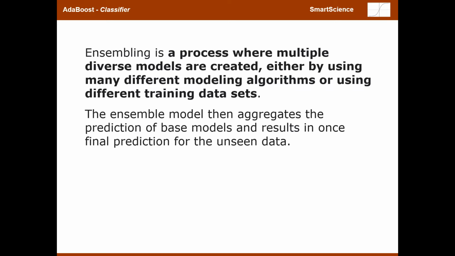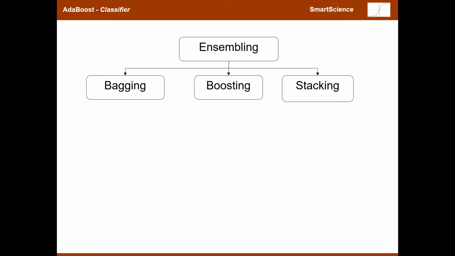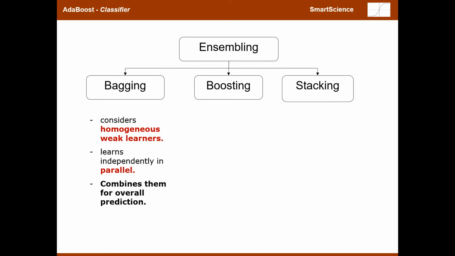All right, so let's go into the details of what are the methods of ensembling. Broadly, there are three methods: bagging, boosting, and stacking. In bagging, what we are doing is we will build homogeneous weak learners. That means we will use the same algorithm to build the models. So that could be logistic regression or decision trees or naive Bayes or things like that.